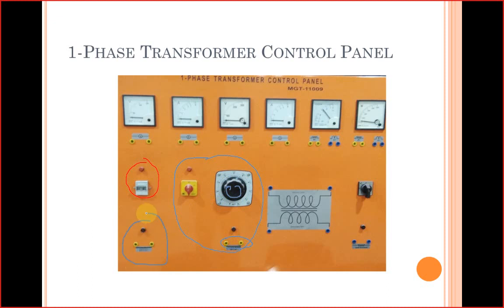Here we have a fixed power supply as well. Then this is your transformer in the center. This is the high voltage side, and this is the low voltage side. The high voltage is rated at 220 volts, and the low voltage is rated at 50 volts.